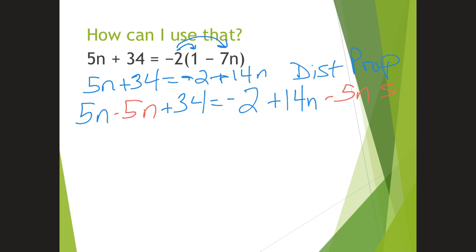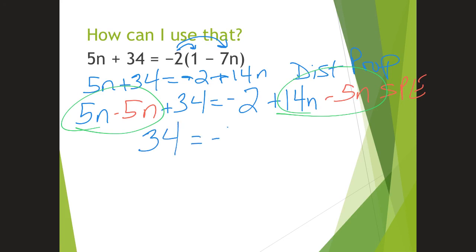And this is my subtraction property of equality. So when I combine my like terms, this goes away, and these will combine also. But on this side, I end up with 34 equals negative 2 plus 9n. Now, that was by combining like terms.